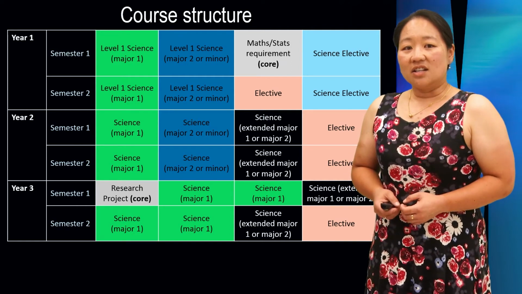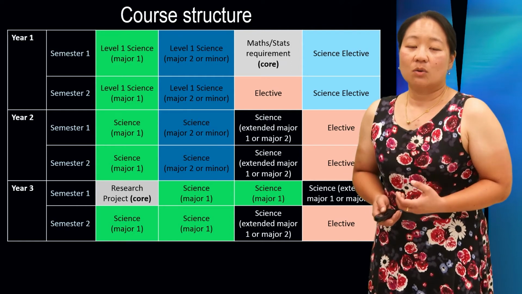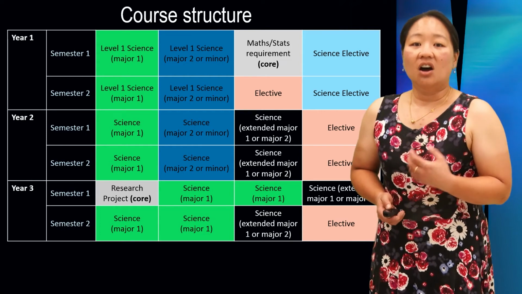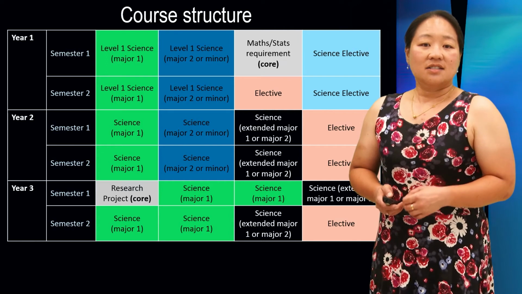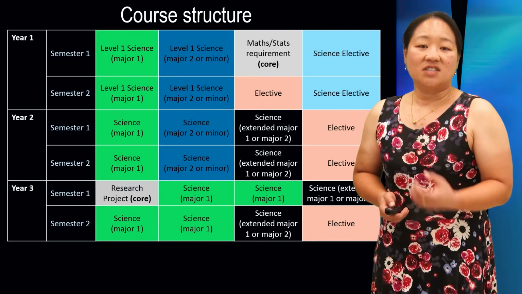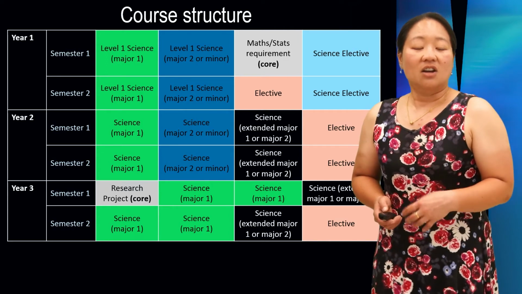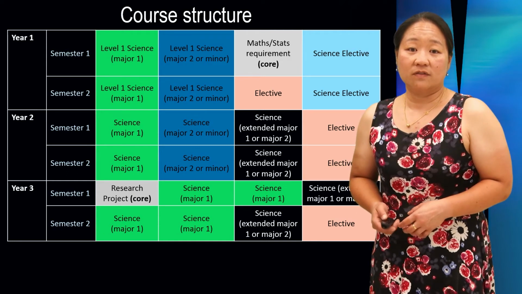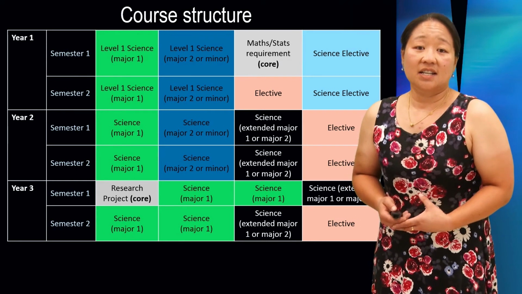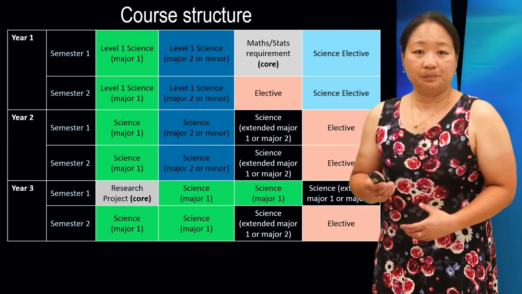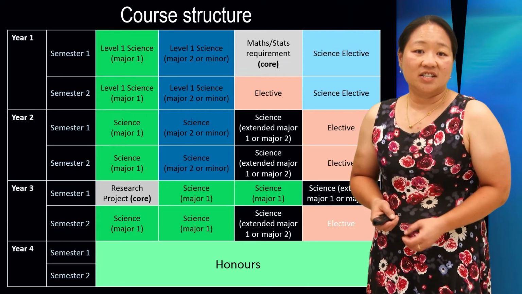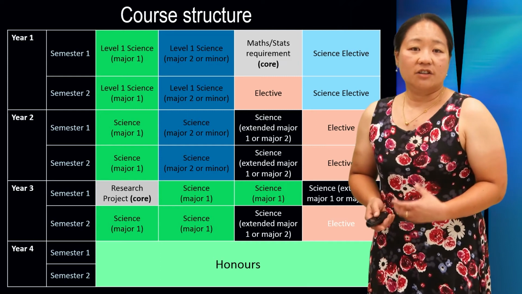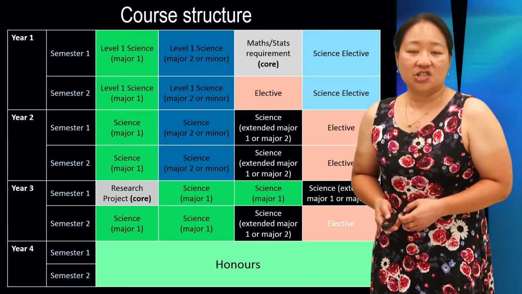When selecting units, keep in mind course requirements and the structure of science majors and extended majors. Some disciplines and majors have different entry points depending on what you've completed in your Year 12 subjects. And finally, the 4th year is your honours year, and this is a combination of both coursework and research.